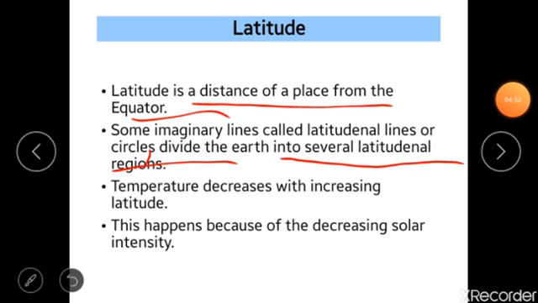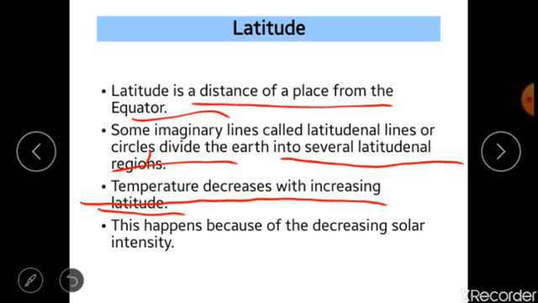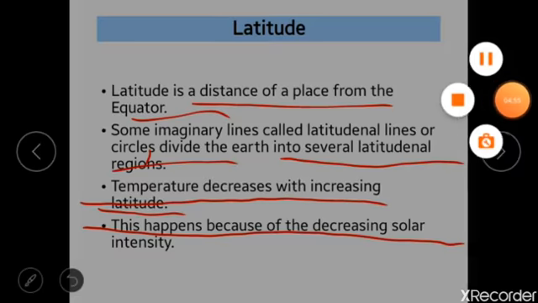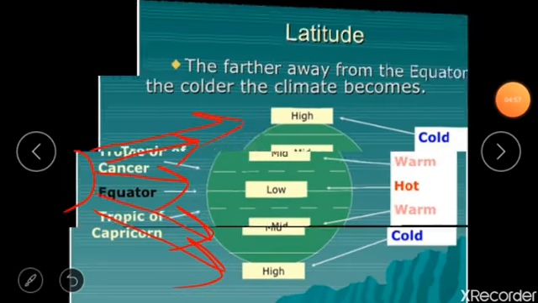So the statement is hence proven that the temperature decreases with increasing latitude, and this happens because of the decreasing solar intensity, or the intensity of solar energy decreases as we move away from the equator, which becomes the reason of cold and hot regions.